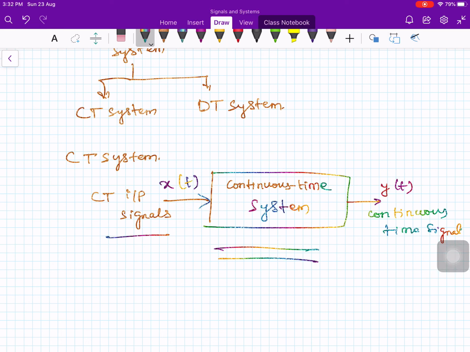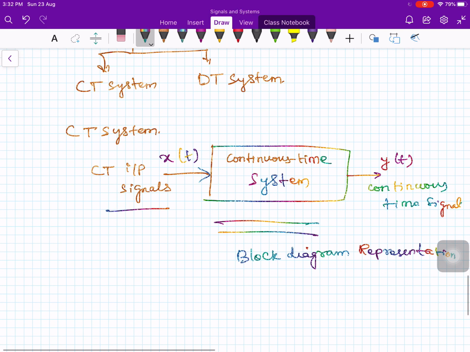You can represent it through this method called block diagram representation. You put a block and say the input is x of t and the output is y of t.